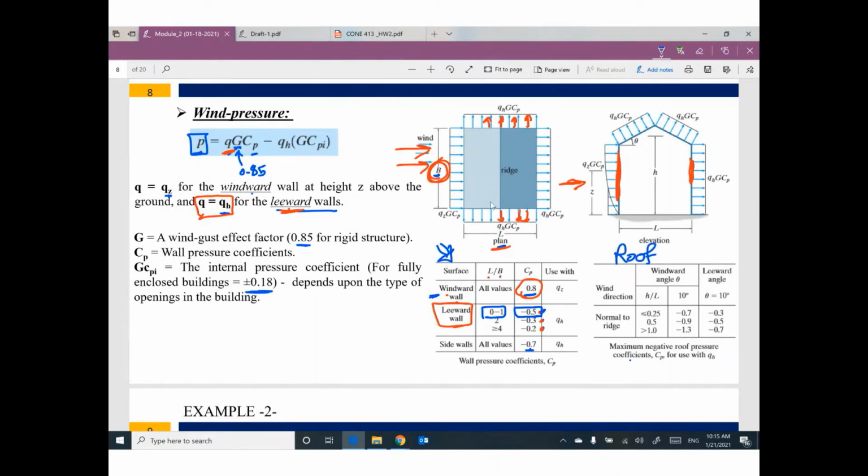Based on the angle. For angle equal to 10, windward angle for the roof, normal to the ridge, H divided by L. H is the average height and L is the span. Let's do it.